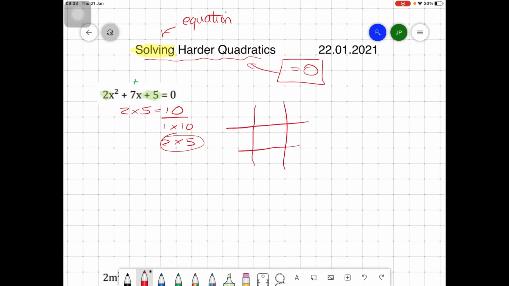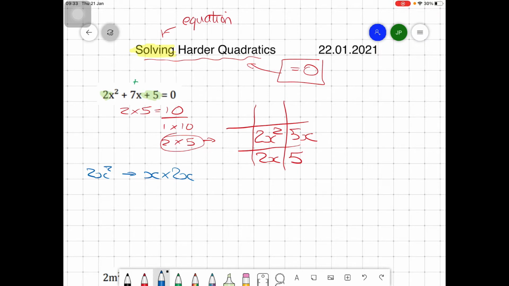2x squared goes into the middle, 5 goes into the bottom right. We then put our 5x and our 2x into the remaining gap. We work our way round. Now to make 2x squared, to make life a little bit easier for us, 2x squared can only be made by multiplying x and 2x. So it's just going to be a case of working out which way round we want to put them.